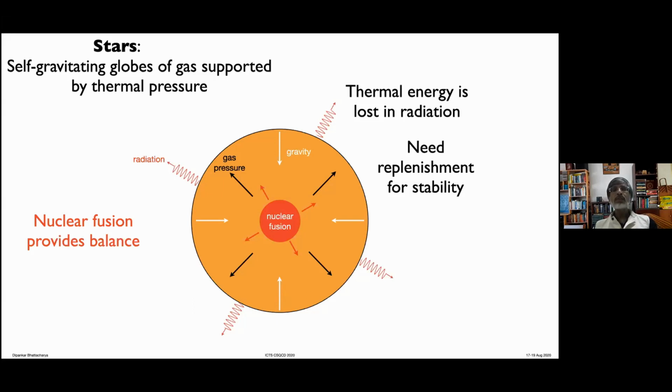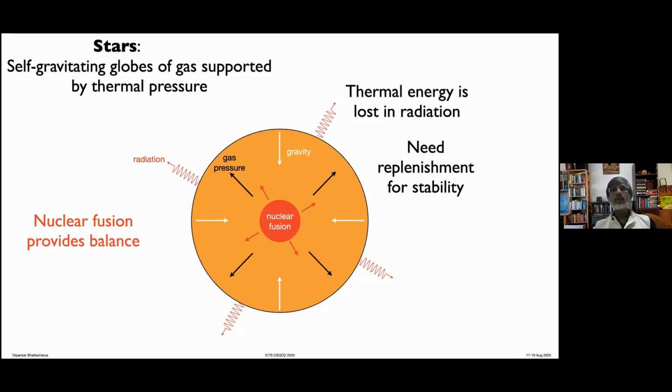This nuclear fusion produces energy by making the material more tightly bound, and the binding energy released in the process is converted into the thermal energy of the star.